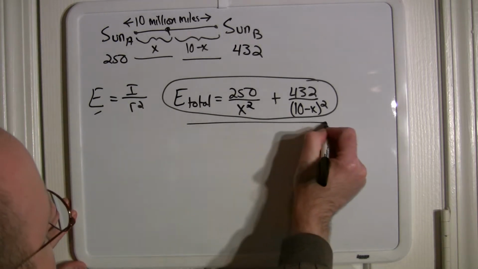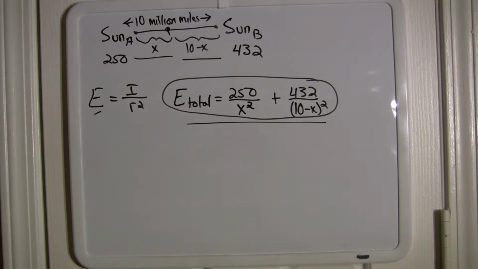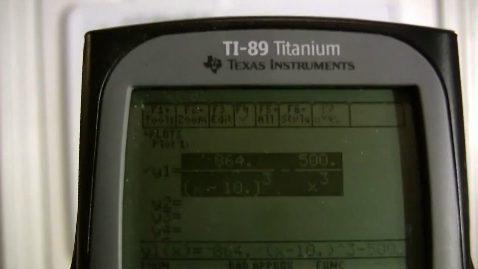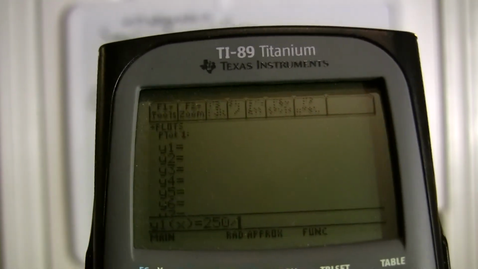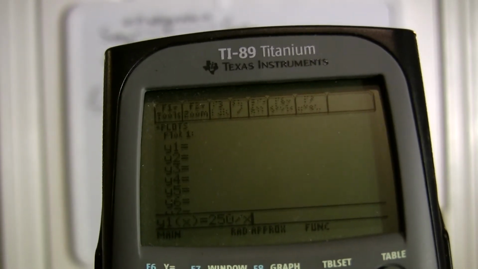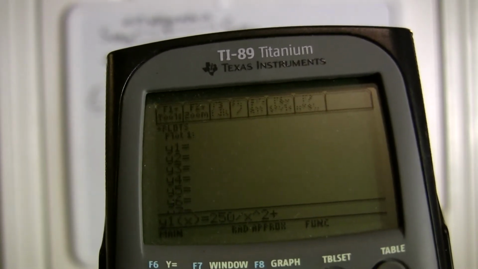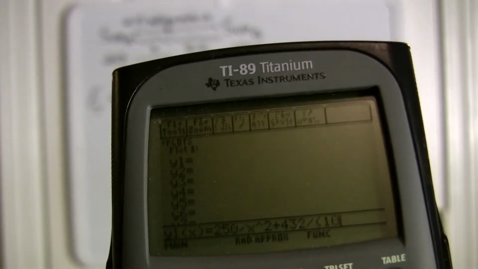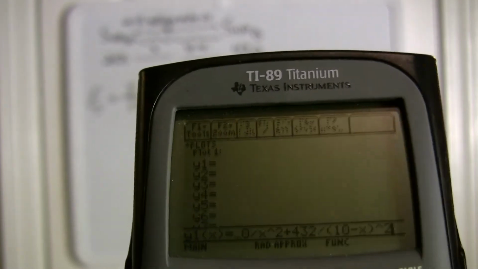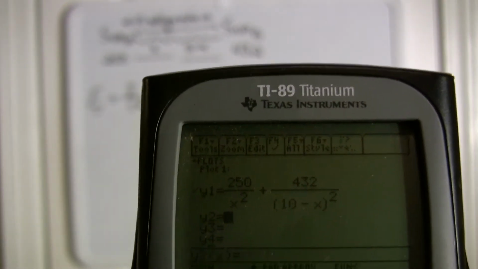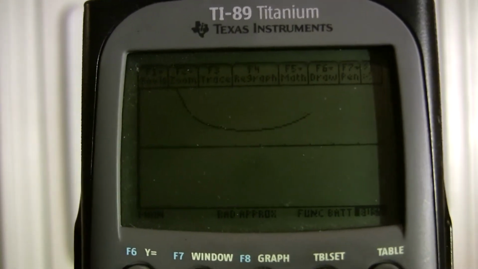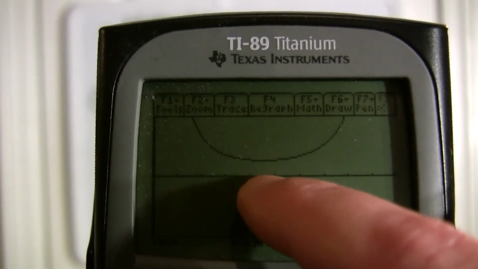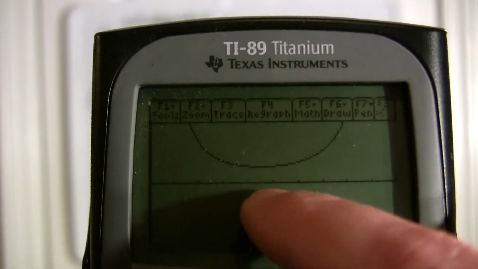Graphically, we will take our original equation, plug that into our y equals, and now we can see, once the graph finishes, that there is definitely a minimum that is achieved at about the same point that we found.